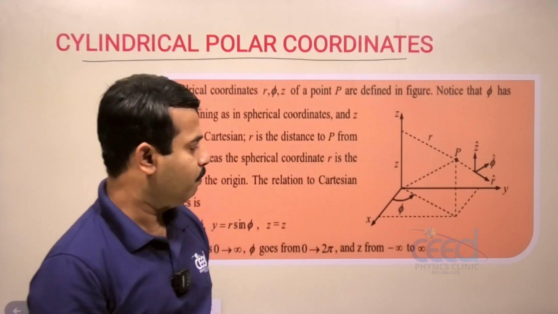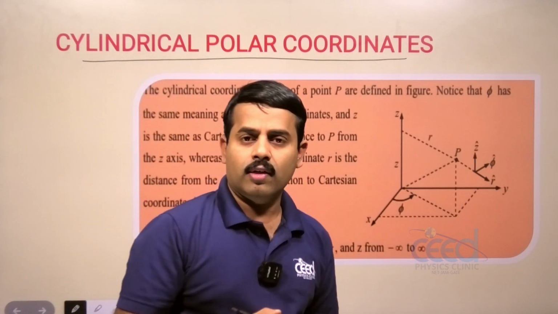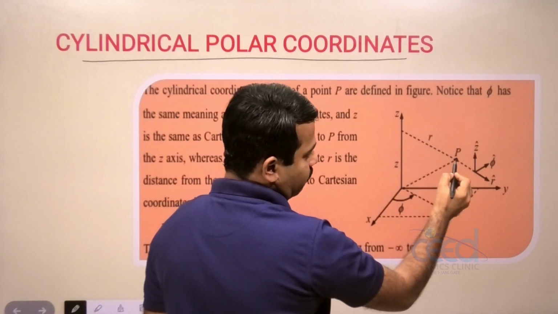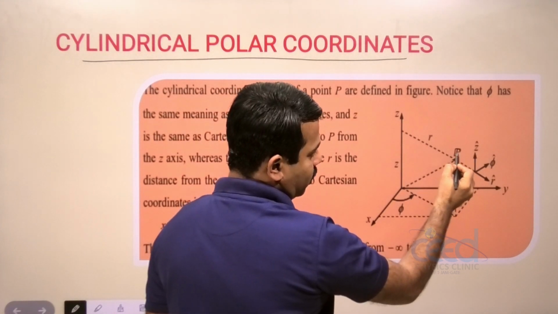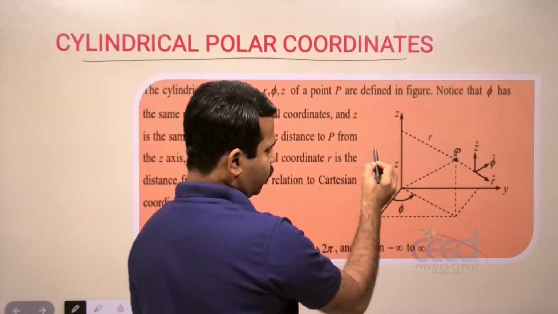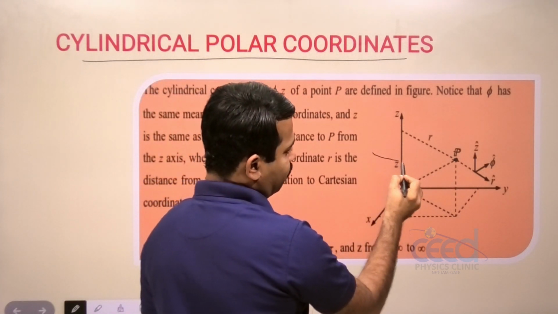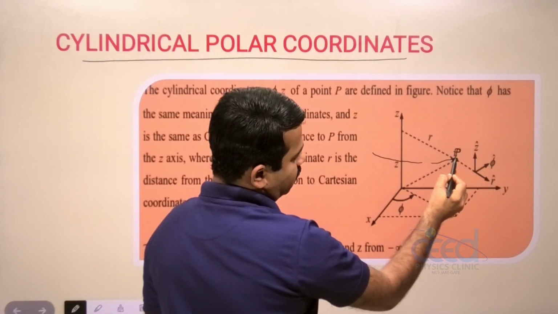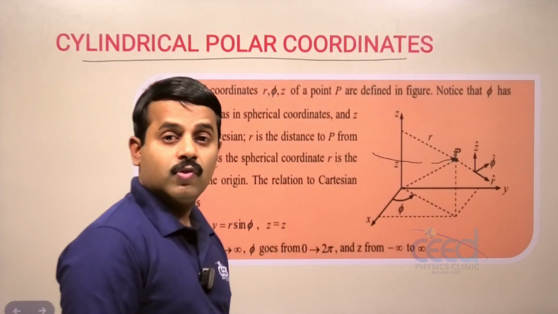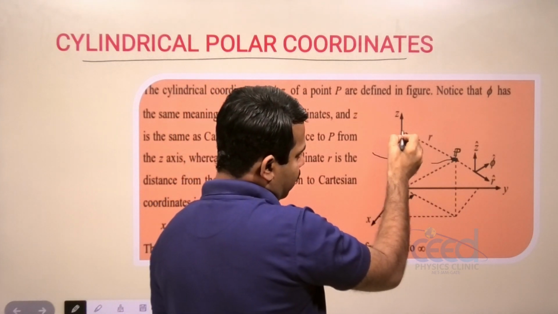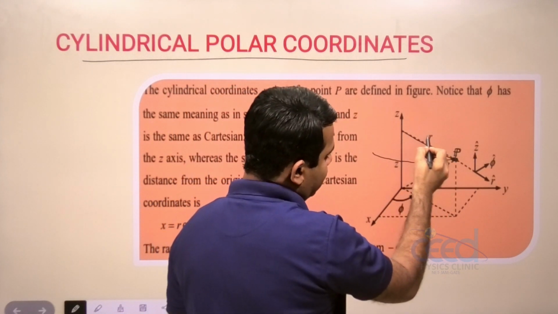For example, if you consider a point P, suppose this is a point on the surface of the cylinder. So you consider it like this. This is a part of a cylinder. Now this is a point on the surface of the cylinder, and this cylinder must have a radius r.